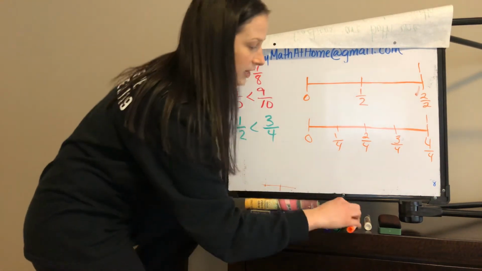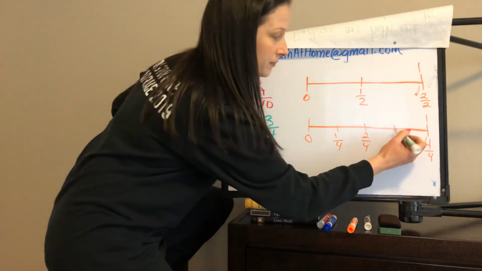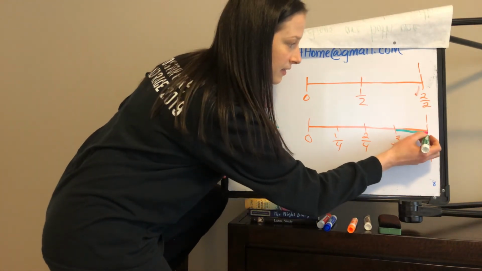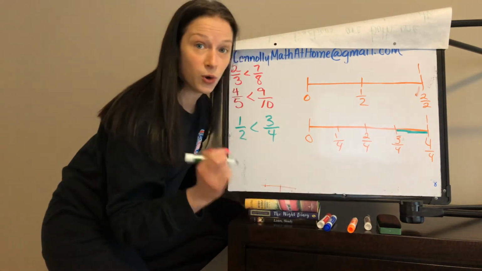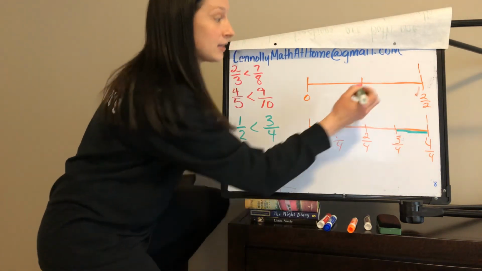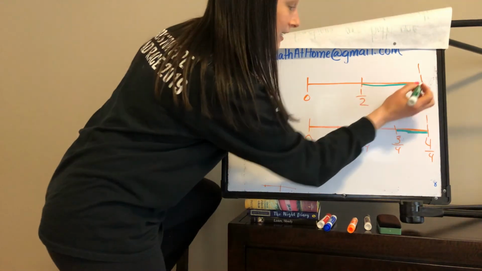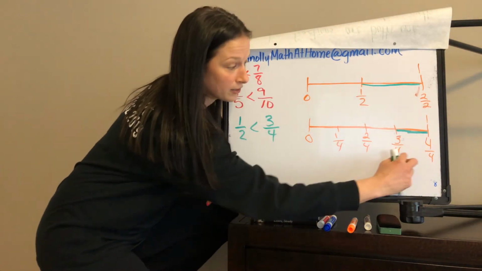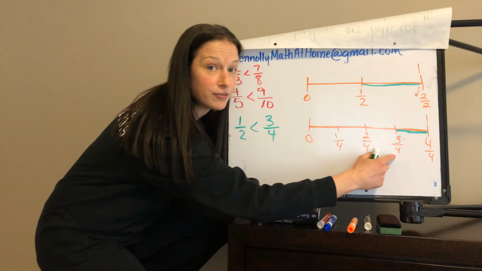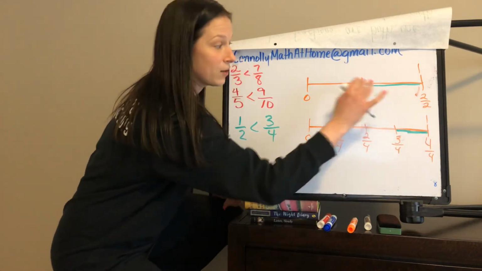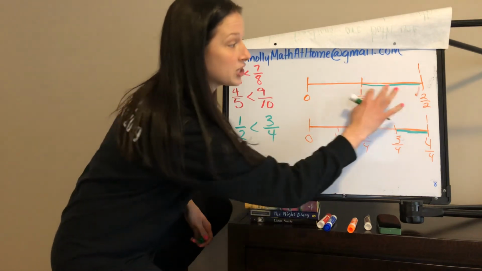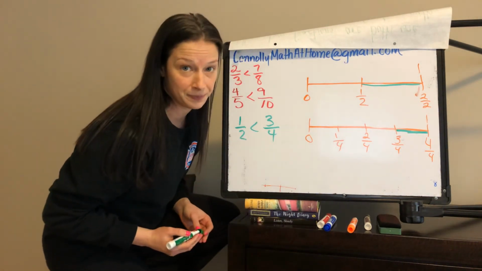Okay, so we're thinking about this piece that's left over. This piece here that's left over, ooh, we almost went down, is closer to a whole. Okay, so you can see since this piece is smaller, my denominator is greater, therefore I make smaller pieces. I'm closer to one whole than I was with 1/2, which has this big long piece left over.